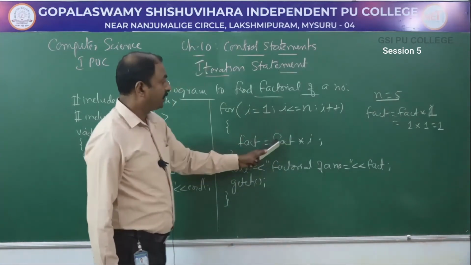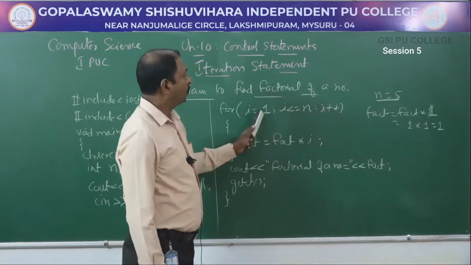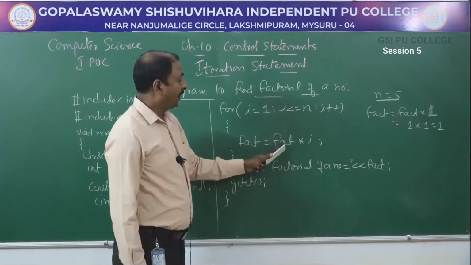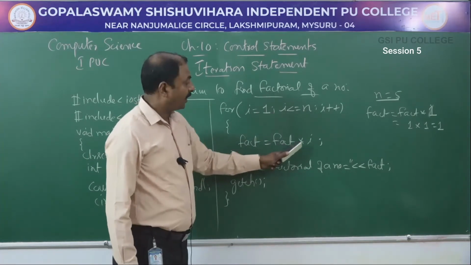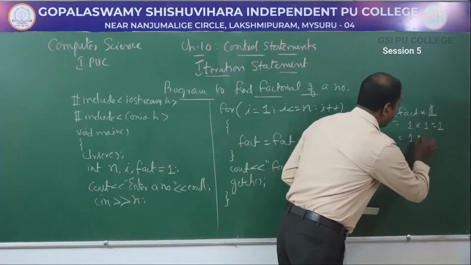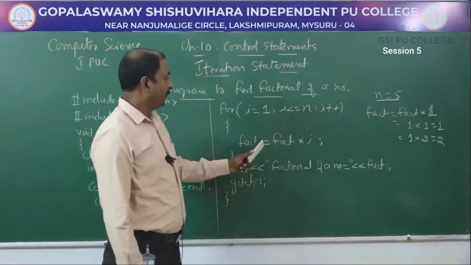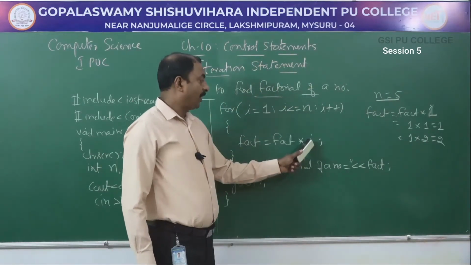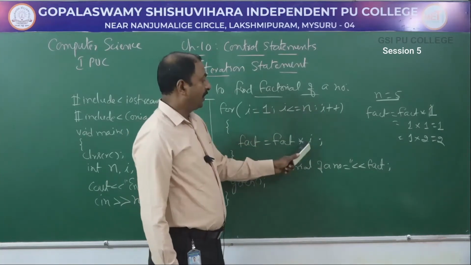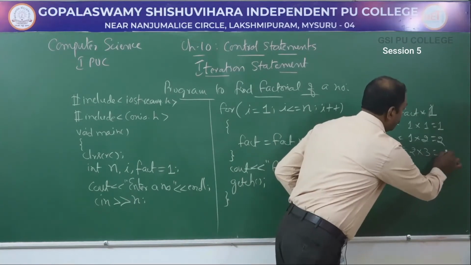Now, after this, it increments the value of i by 1, it becomes 2. 2 is less than n, it is true, it enters the loop. Next time it is fact into i, where i becomes 2. So fact is equal to 1 into 2, that is equal to 2. Similarly, it increments the value by 1, then it becomes 3. 3 is less than n, the condition is true, it enters the loop: 2 into 3 equals 6.